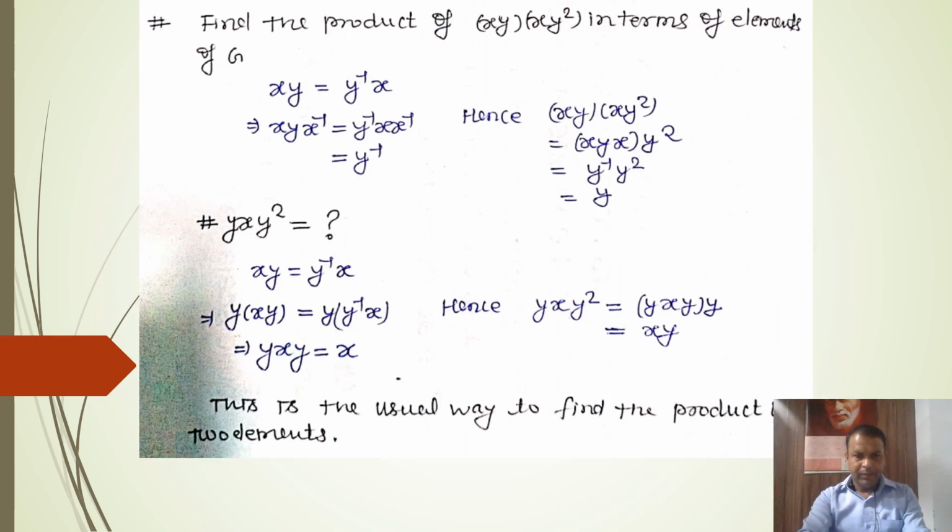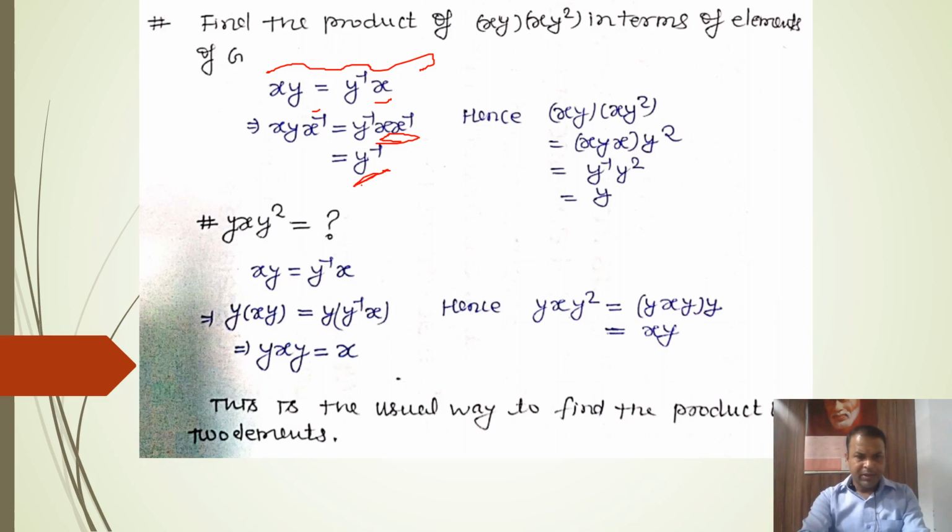Let us see how to find the product of two elements of a dihedral group. This is the given result, as per the definition of a dihedral group. If we multiply both sides by x inverse from the right hand side, then we will get x into x inverse, and x into x inverse is equal to identity. And if we multiply by y inverse, then we will get y inverse.